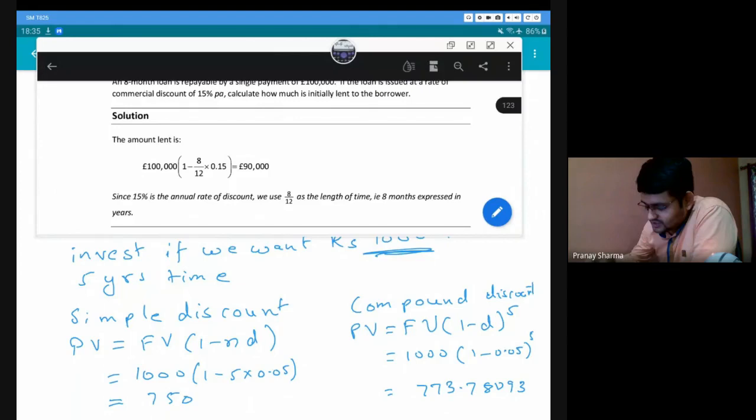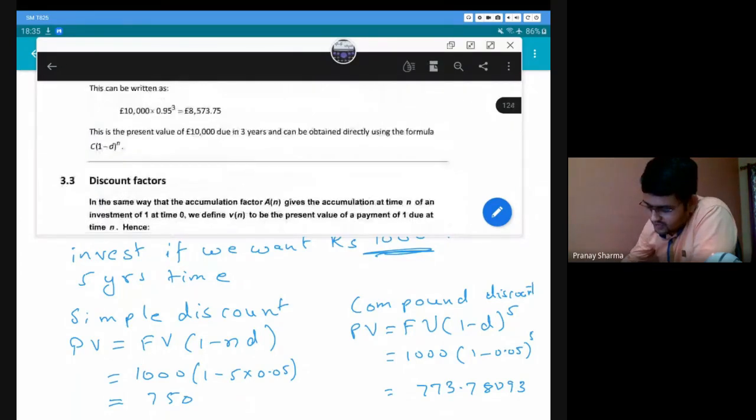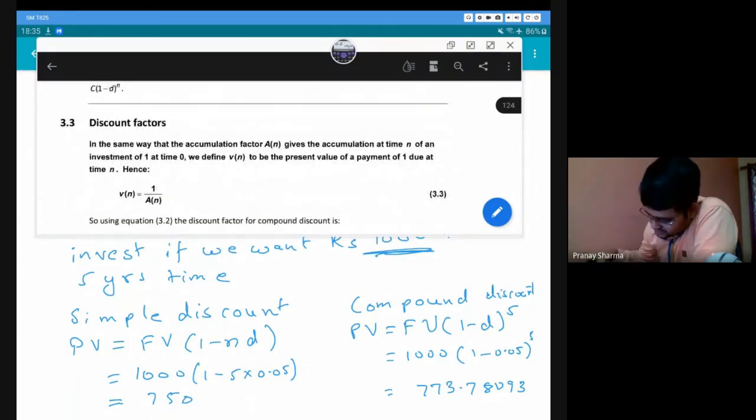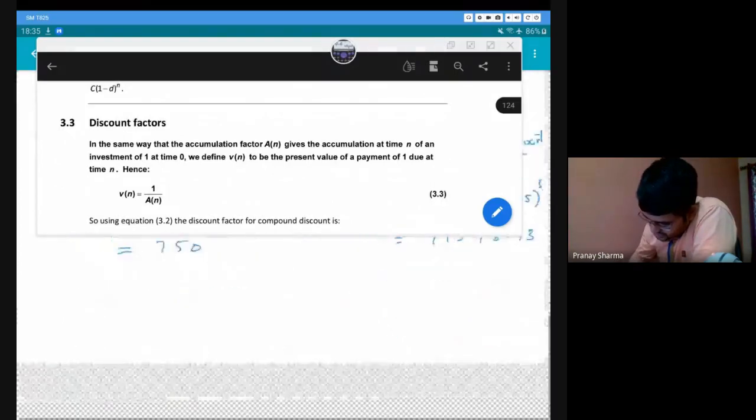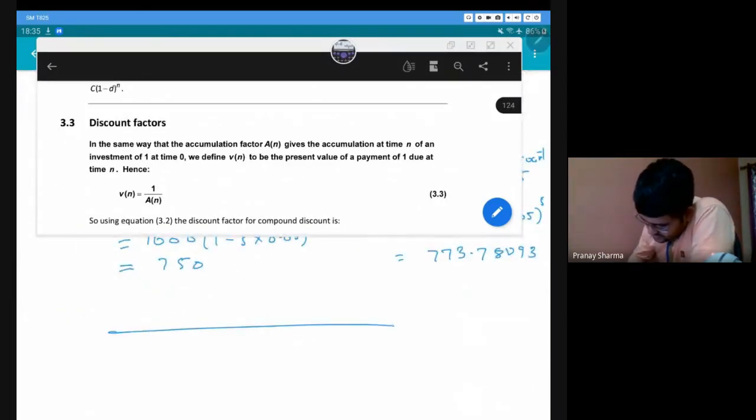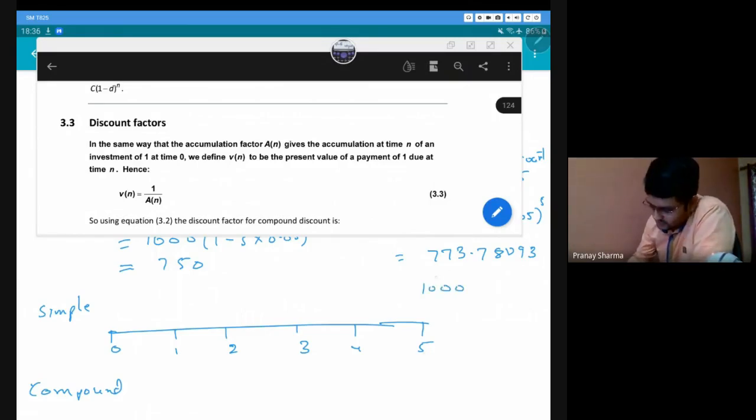So for the first year, if 5% discount, I'll talk about 5 years. This is our simple, and here we'll talk about compound. Say I want 1000 rupees at time 5, now first we will be discounting at time 4.